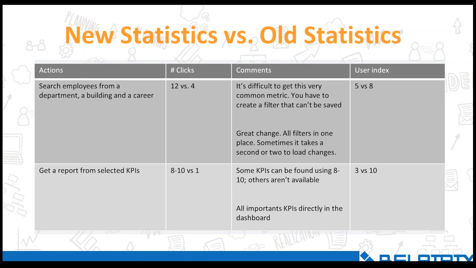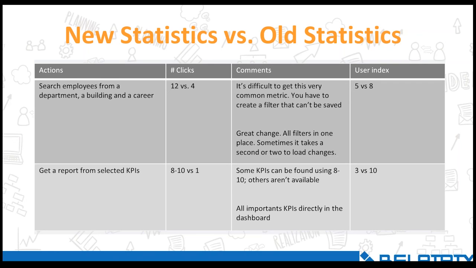So let's focus on the two metrics, actually the two actions that we mentioned before. It was searching a place from a department, building a career. It took 12 clicks, and now with the new information architecture, we managed to reduce them to 4.